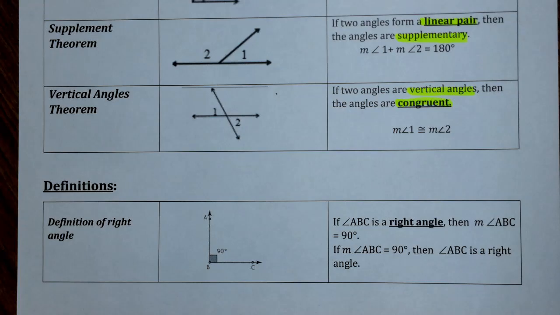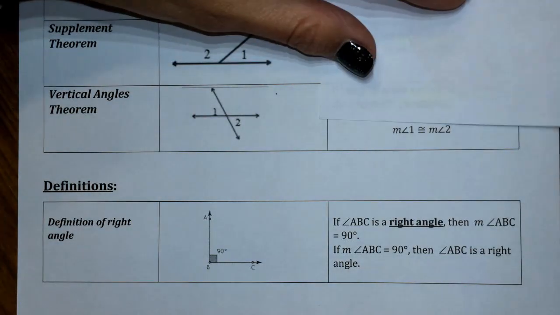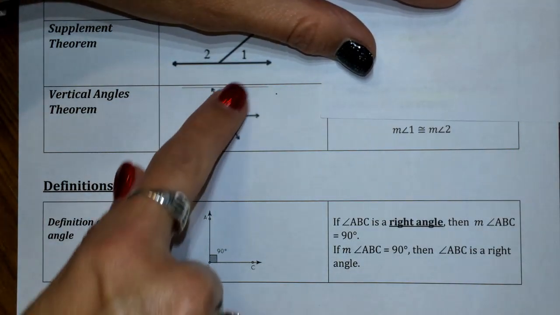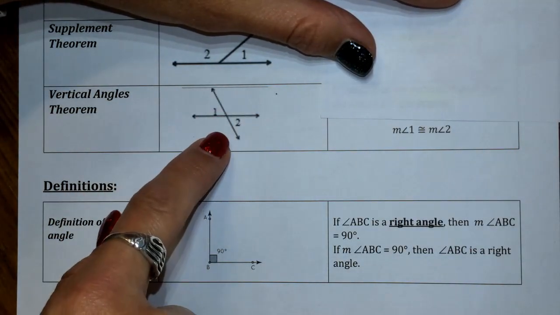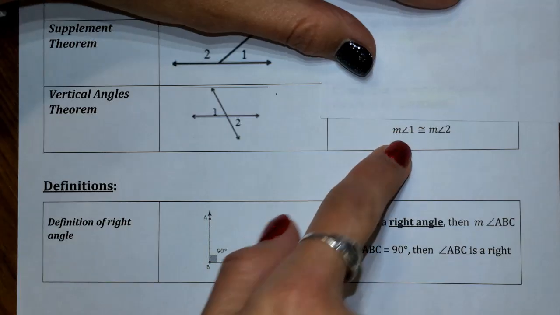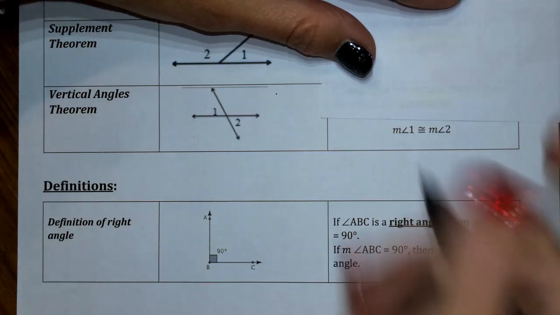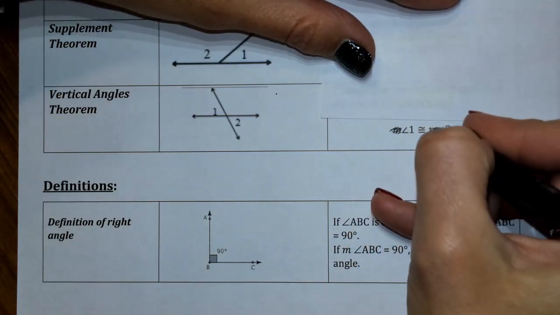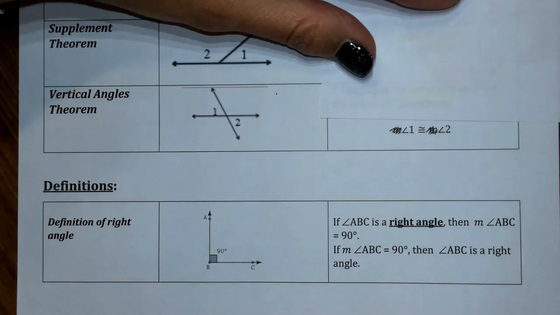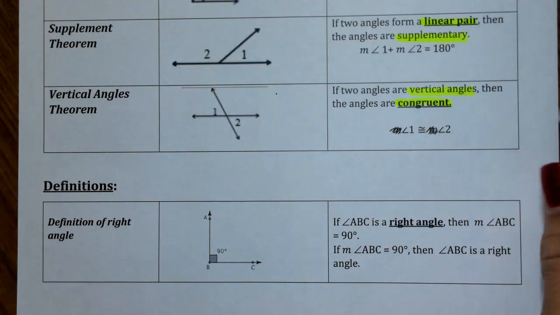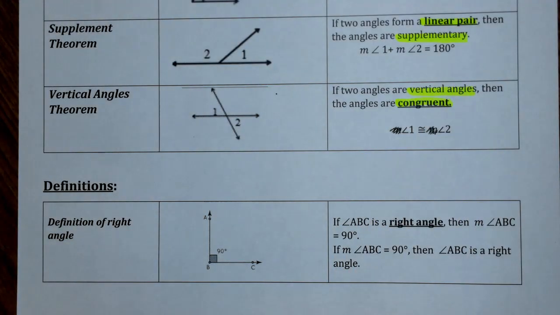Okay, keep an eye out for that, but these are the pieces we're looking for. Another thing they may give you is something like this, a picture of vertical angles, and that the angles are congruent. And these should not be there. Okay, so, vertical angles being congruent, vertical angles theorem.